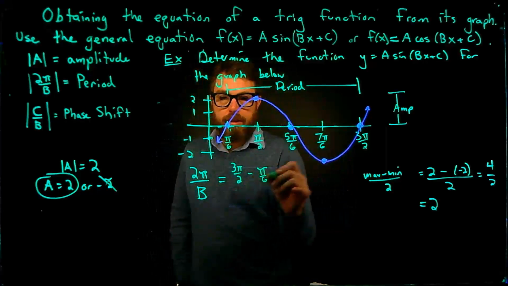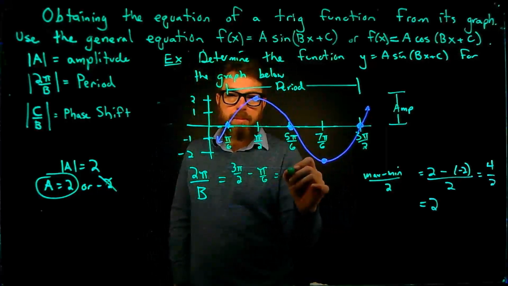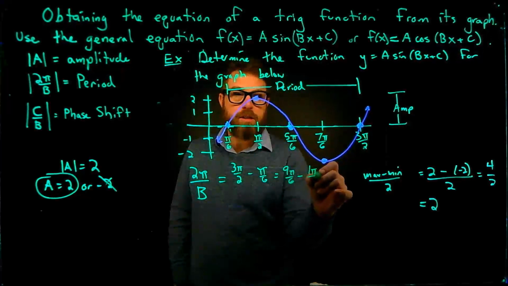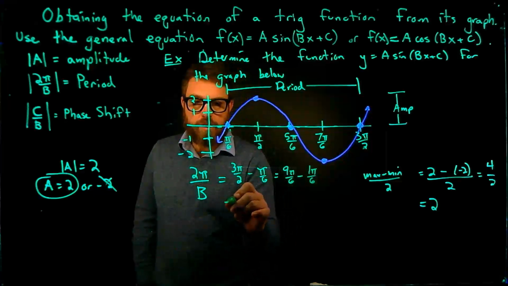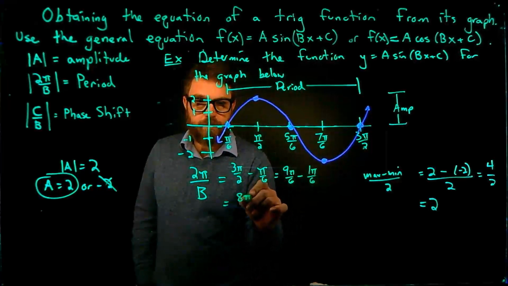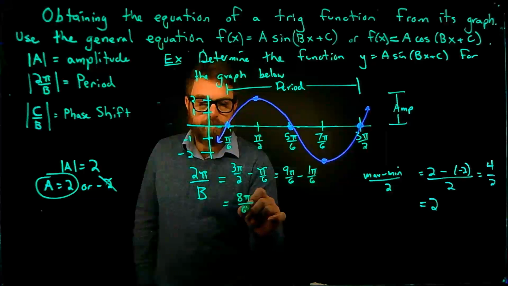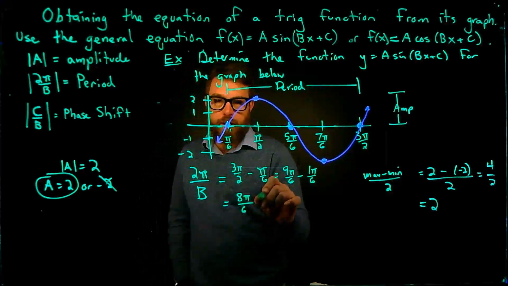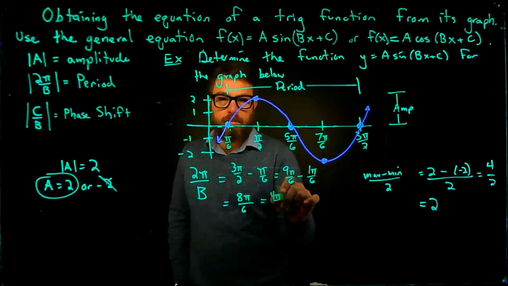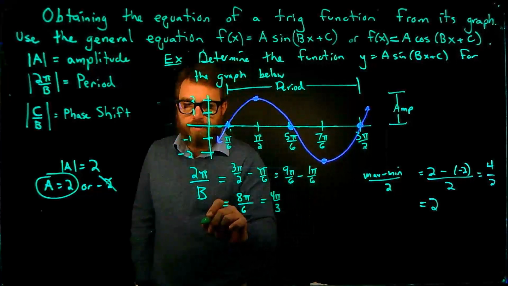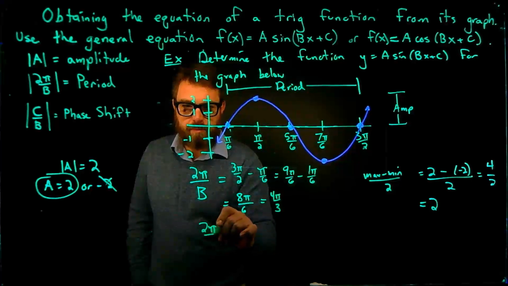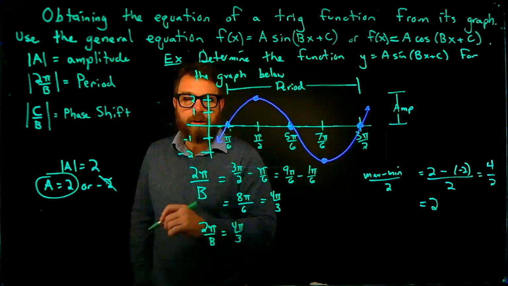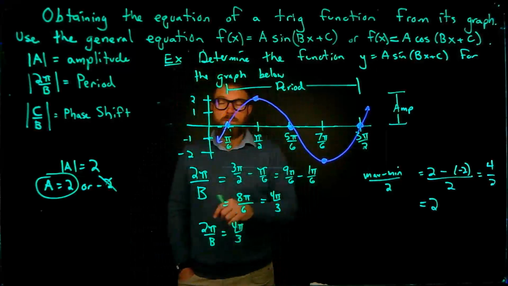Getting common denominators, multiplying top and bottom by 3, 9 pi over 6 minus 1 pi over 6 is equal to 8 pi over 6, which I can simplify to 4 pi over 3. So if 2 pi over b is equal to 4 pi over 3, my goal is to solve that for b.